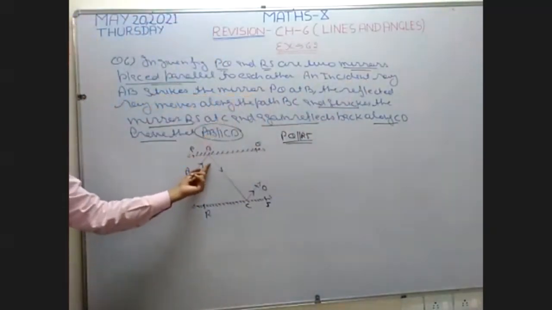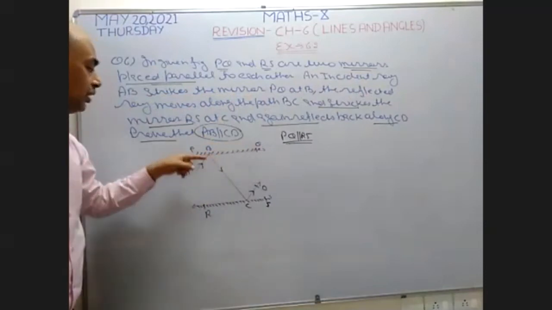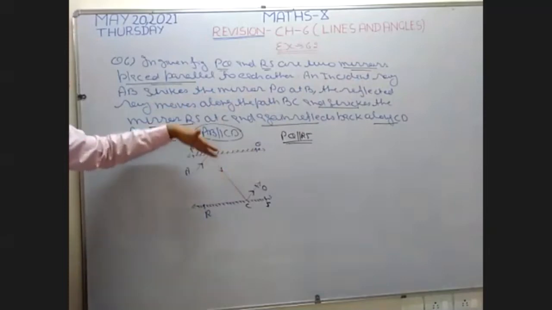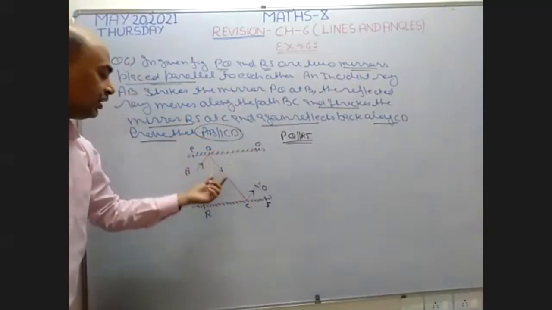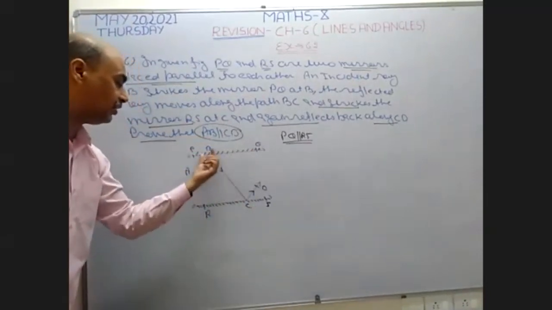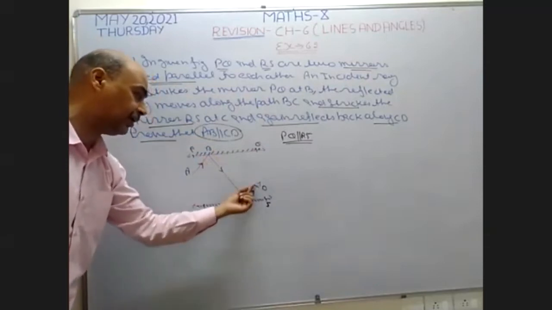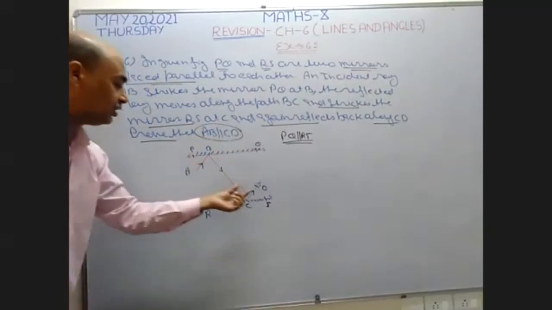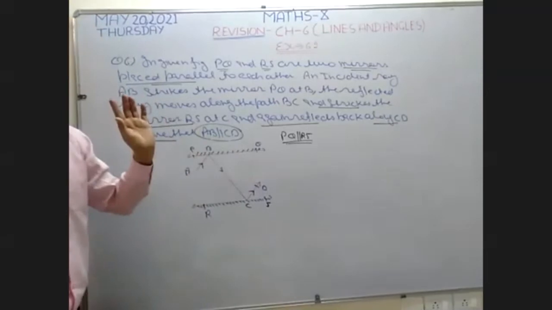When this ray strikes mirror PQ, it reflects along the path BC. This reflected ray becomes the incident ray for mirror RS. When this incident ray strikes mirror RS, it reflects again. In this question, we have to prove that this incident ray and this reflected ray are parallel to each other. This is the question. Okay, beta?